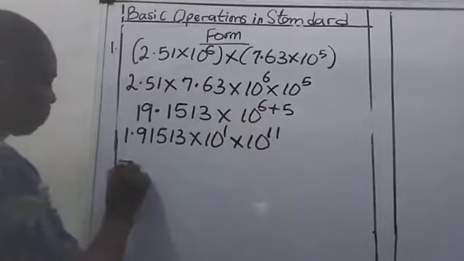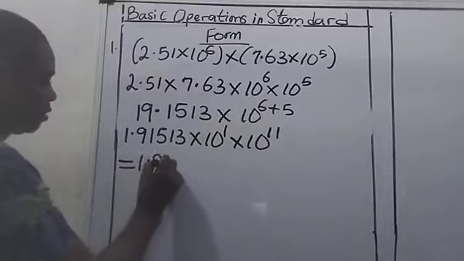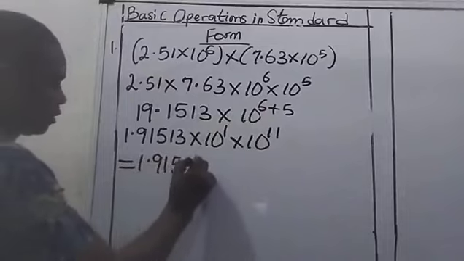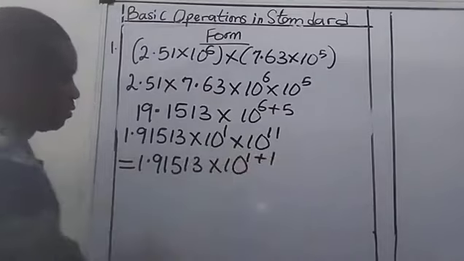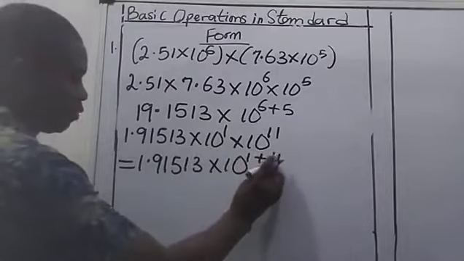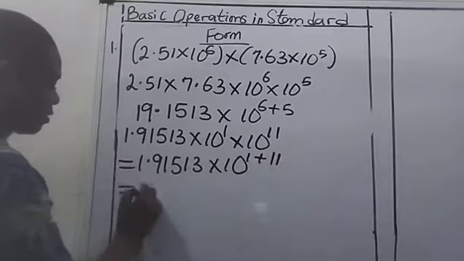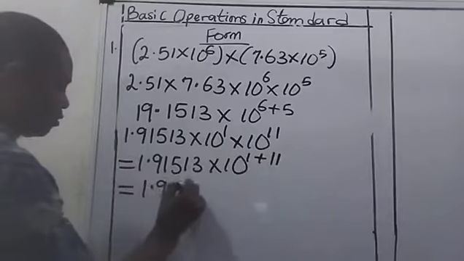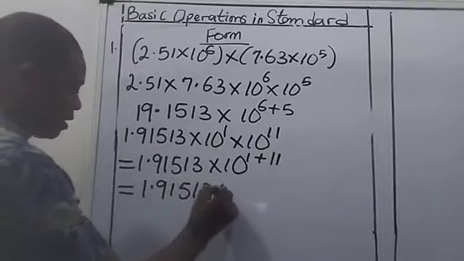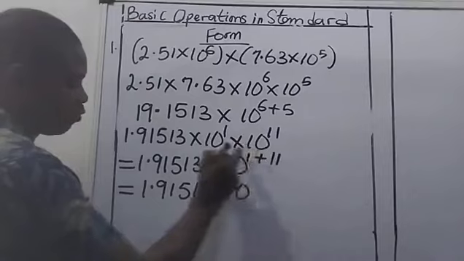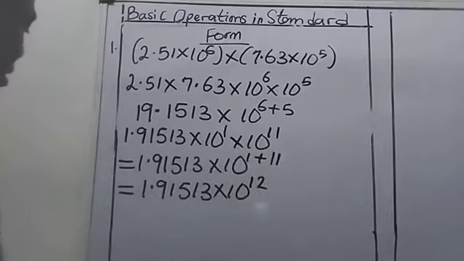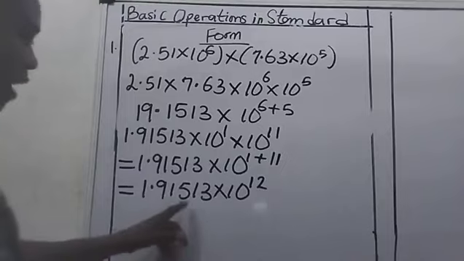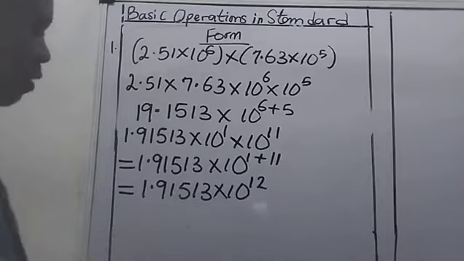I can now have 1.91513 times 10 raised to the power 1 plus 11, which gives us 12. So this is the answer to example number 1: 1.91513 times 10 raised to the power of 12.